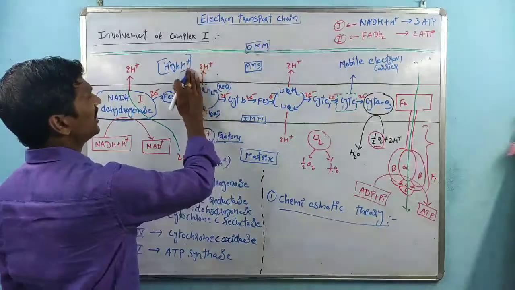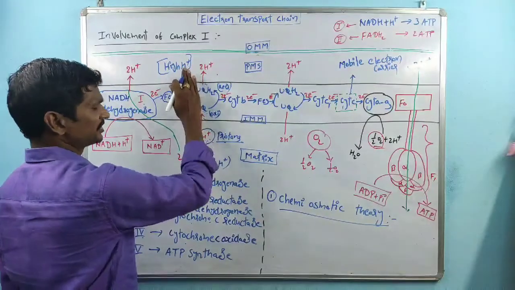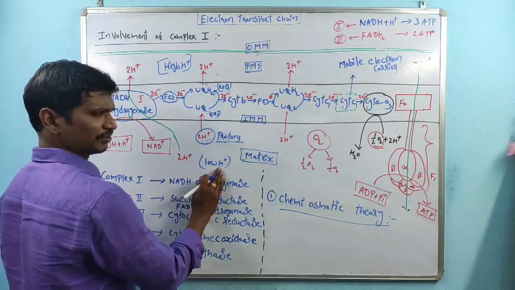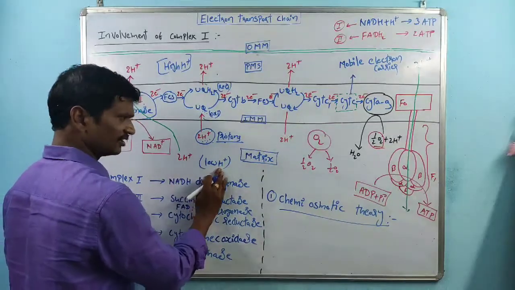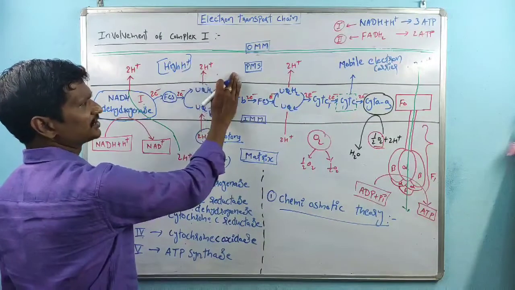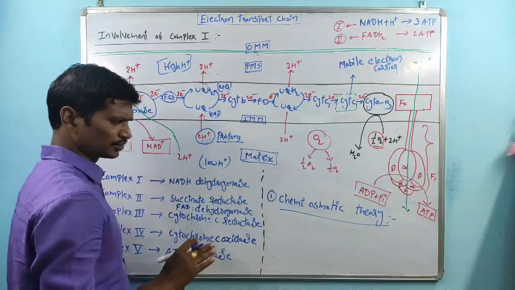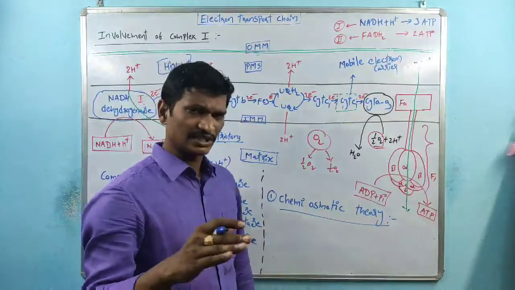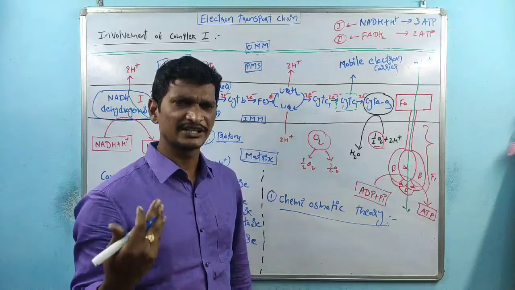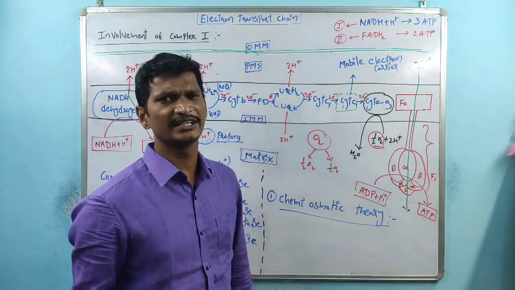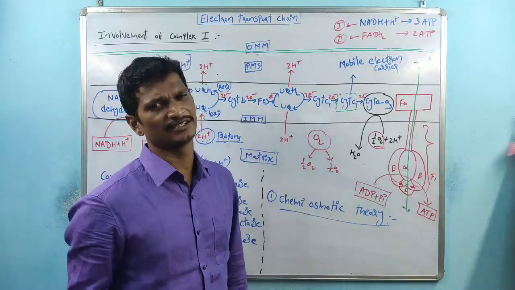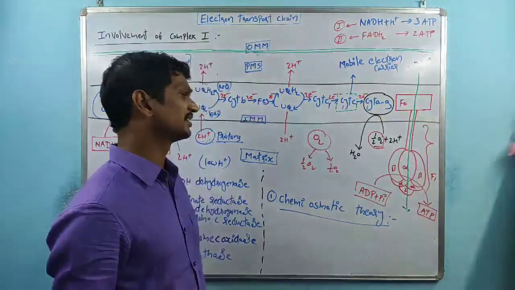This is the high H plus ion concentration region, and this is the low H plus ion concentration region. The low H plus region is the matrix, and the high H plus region is the perimitochondrial space. So this concentration difference supports the generation of an electrochemical gradient, that is nothing but the proton pump or proton gradient, right?